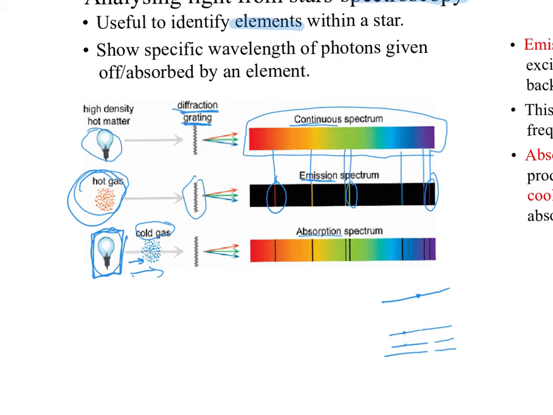And we know that any white light has the whole range of frequencies from red to violet.